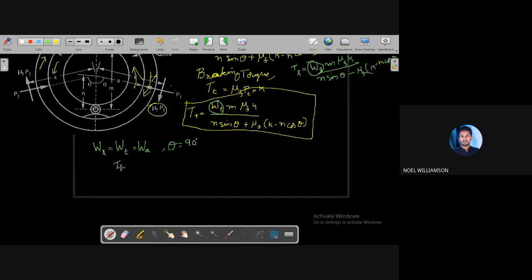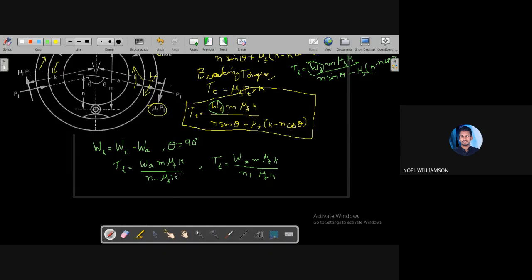By substituting these values, TL will be equal to WA into M into mu F into K divided by N minus mu F into K for the leading shoe, and for the trailing shoe, TT will be equal to WA into M into mu F into K divided by N plus mu F into K. So we get a simple relation like this.